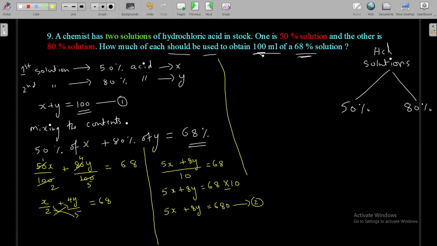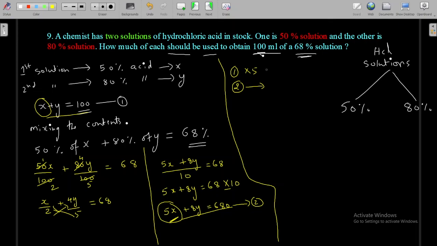Now we have to solve this equation, first and second equation. Before solving, I have to make the equations, this equation and the first equation, the term should be equal. For example, here I am having 5x, here also I should get 5x. So for that, I will multiply equation 1 into 5 and equation 2, I will write equation 2 as it is.